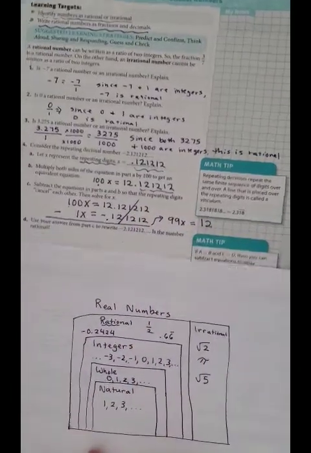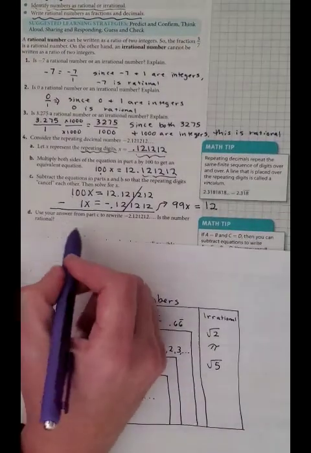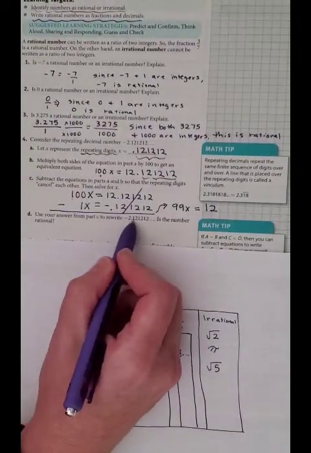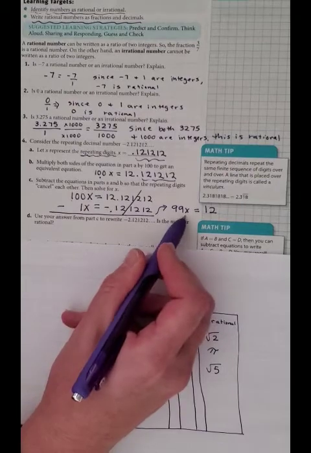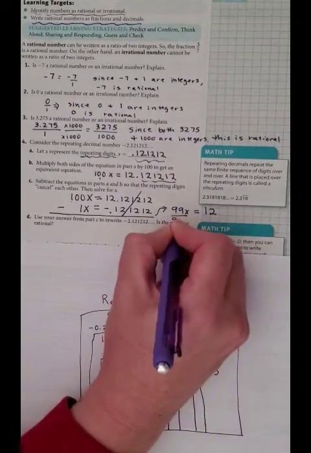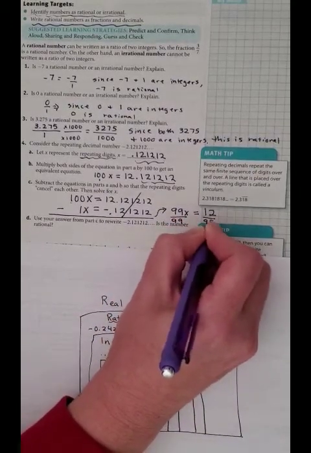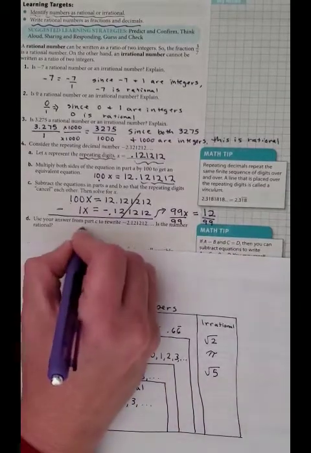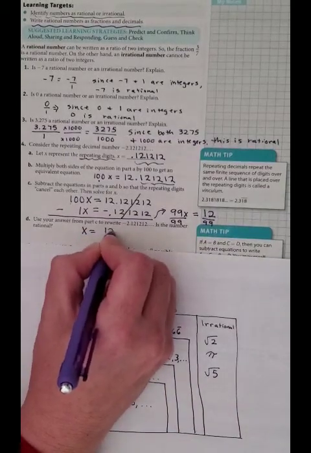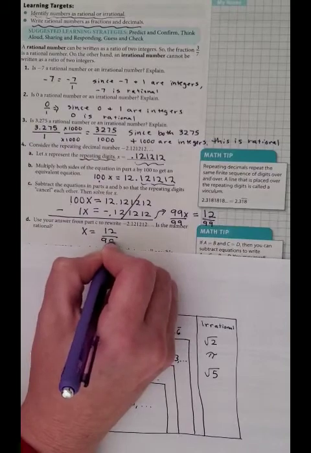And then it says use your answer from part C to rewrite this number. Is it rational? So I would divide both sides by 99, and I get that x equals 12 over 99.